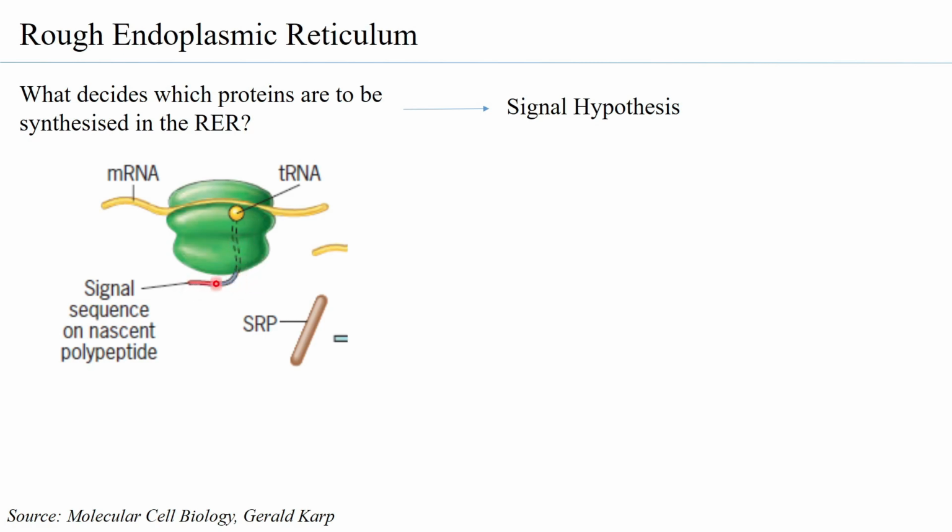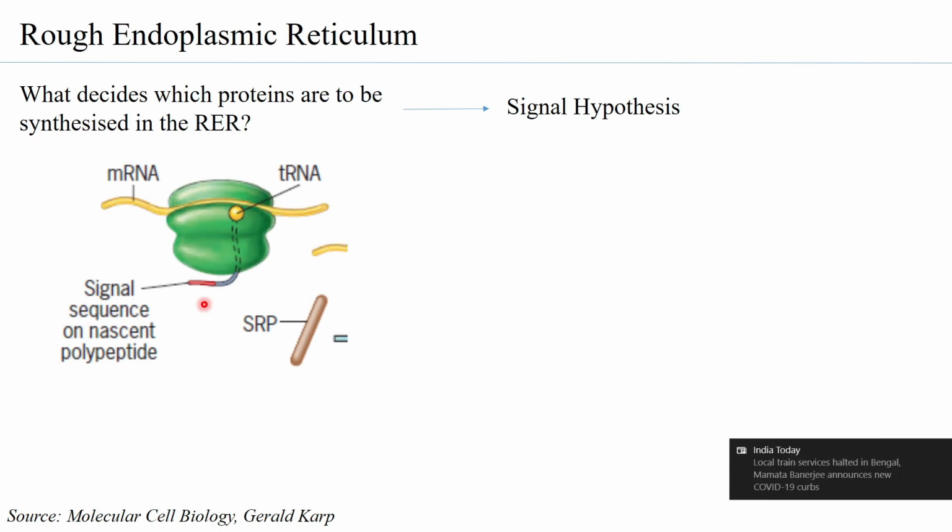Now, this polypeptide, as it is being synthesized, has at its N terminus a sequence which is called a signal sequence. This sequence of amino acids is generally conserved. And what is interesting to note is that this signal sequence generally has about 11 to 14 hydrophobic or neutral amino acids.